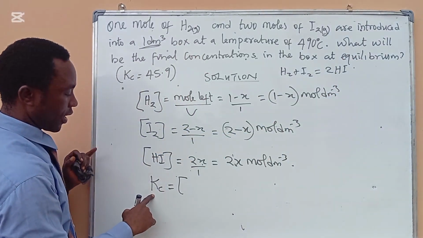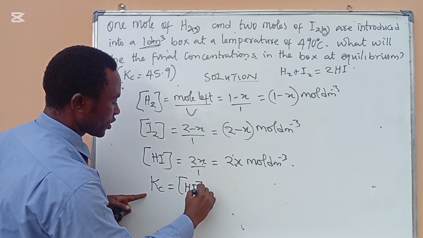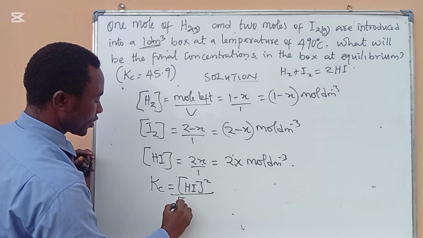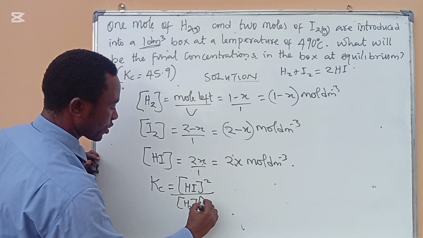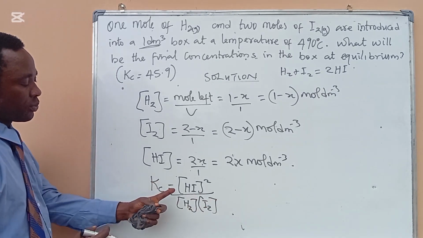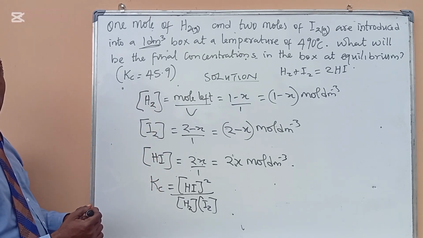That is to say our Kc will become the concentration of HI raised to power 2 divided by the concentration of H2 into the concentration of I2.